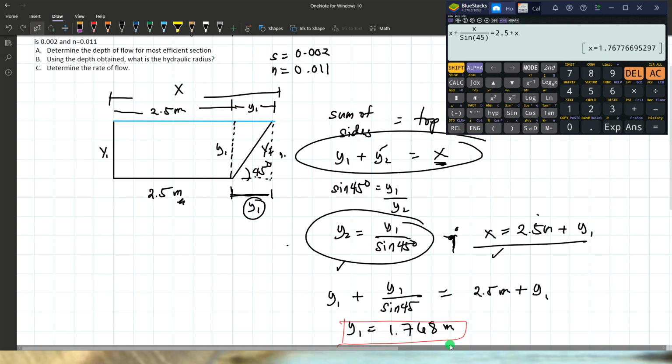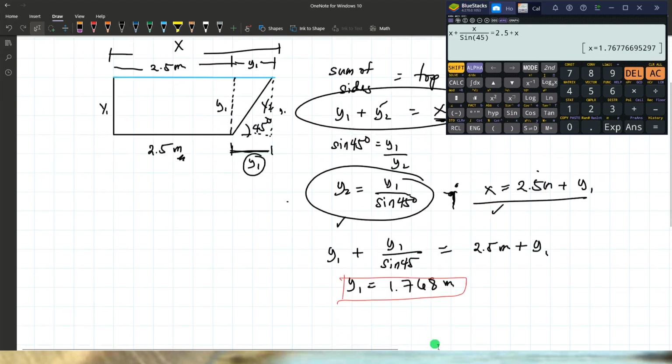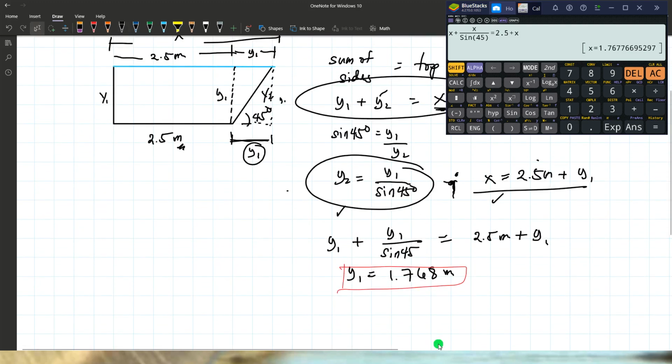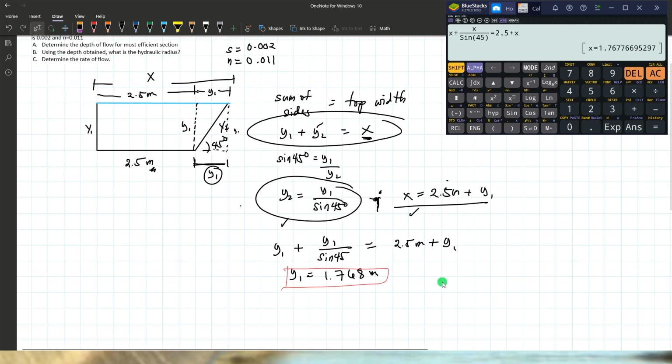Next is letter B. Using the depth we've obtained, what will be the hydraulic radius? In our lecture, I mentioned that it is equal to d over 2, but it's better to always use the general formula if we already have all the given dimensions.